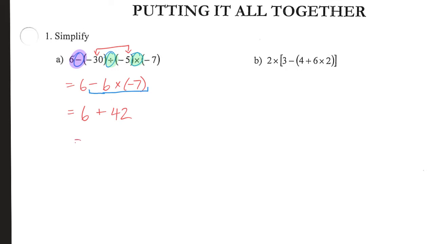So I can go straight to 48, and we are good. So much so that I would bet that a large number of you could go from this line straight to your final answer if we include that negative on that 6.